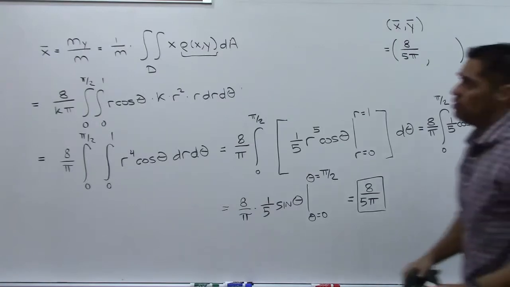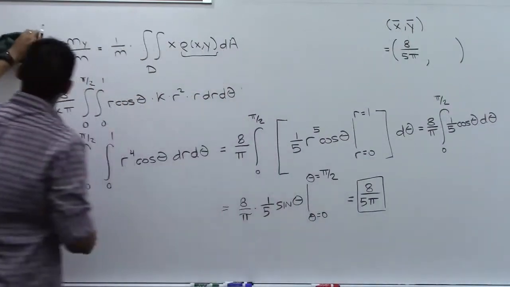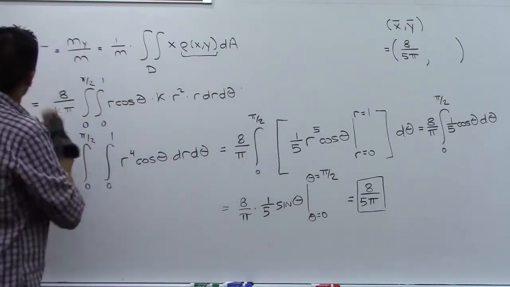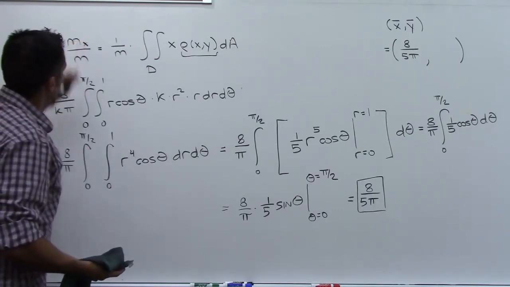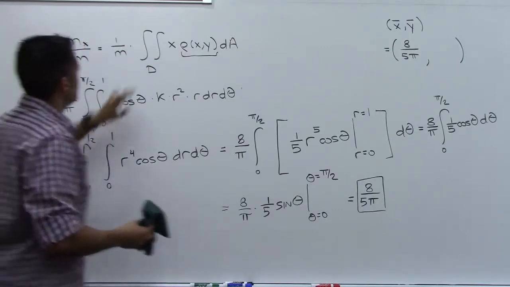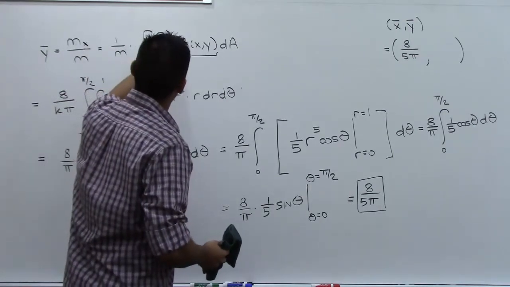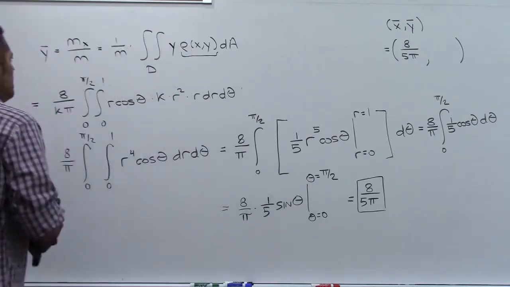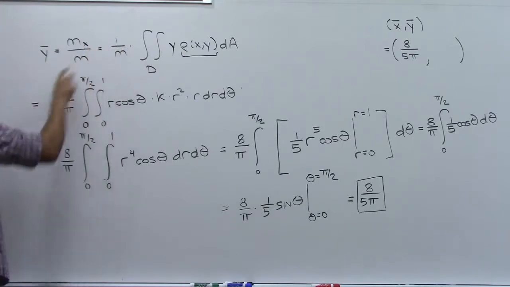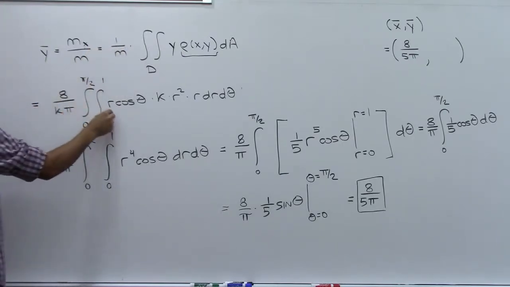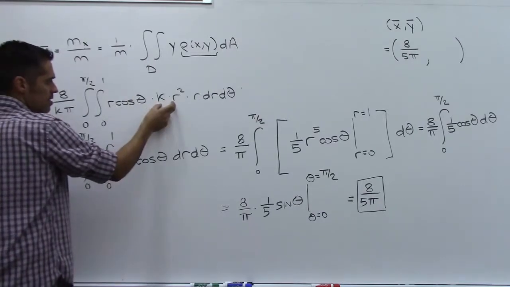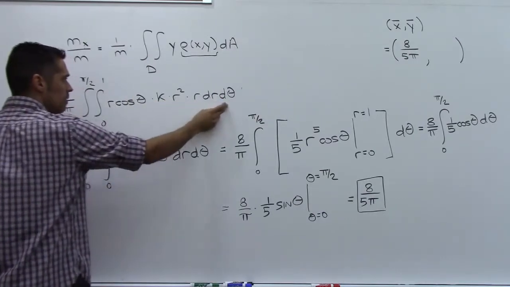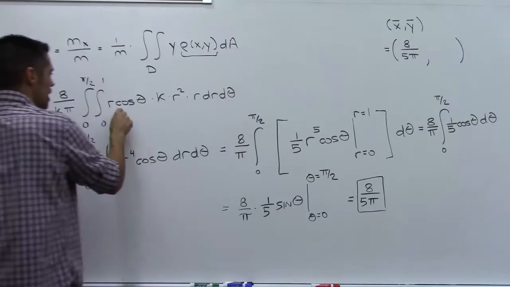So to do y coordinate, y bar, this changes to the moment about x, right, which changes this to y. And then I come in, I do the same thing. 1 over mass is still this, integral is still the same, but instead of x, density function, and then the polar conversion, I'm actually going to have y here.